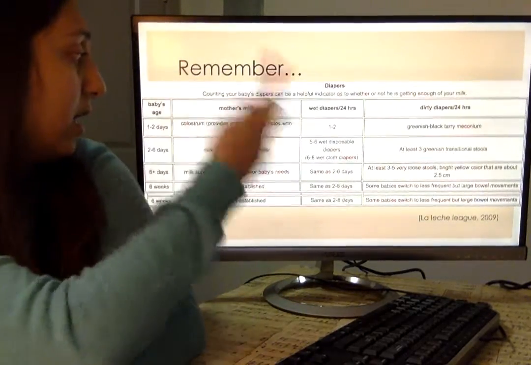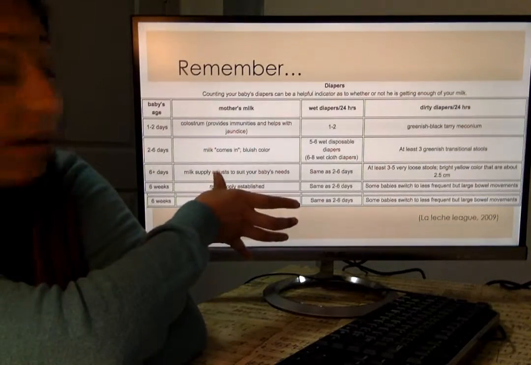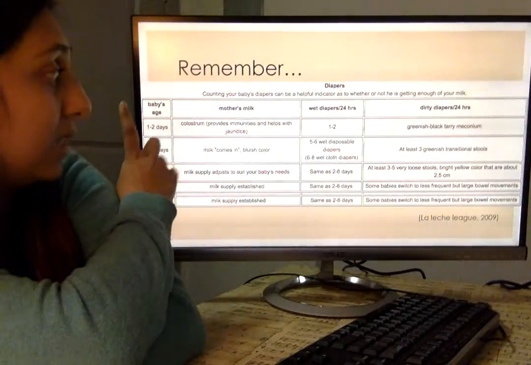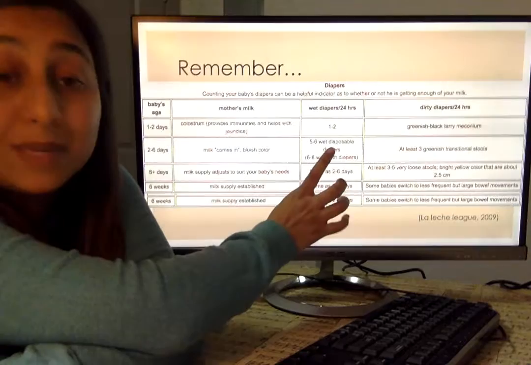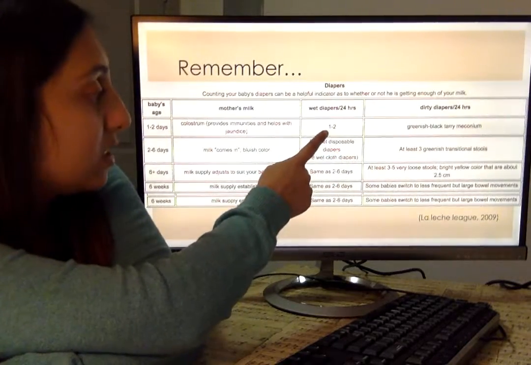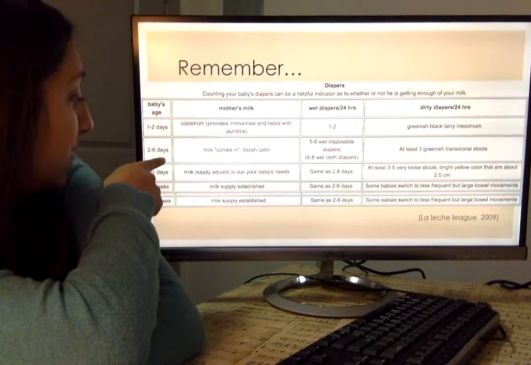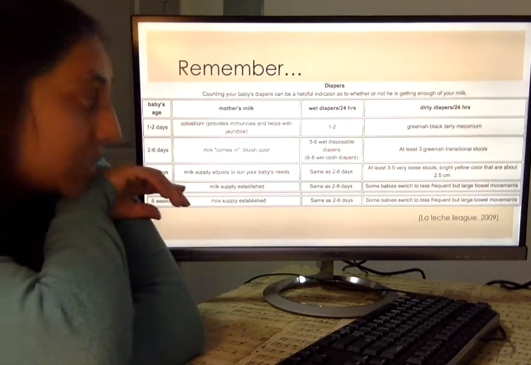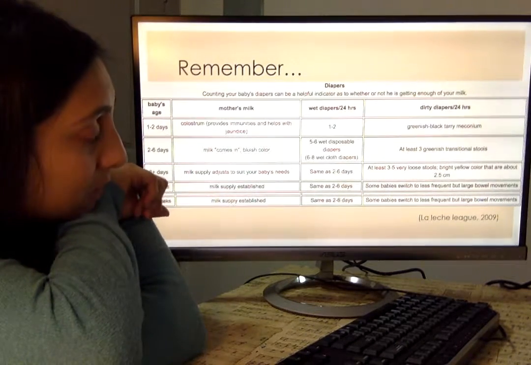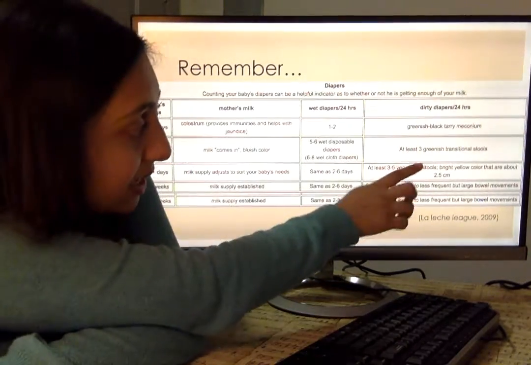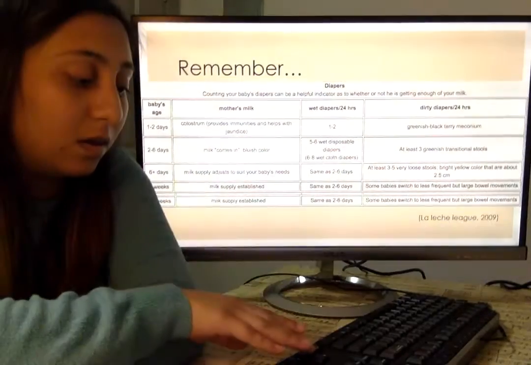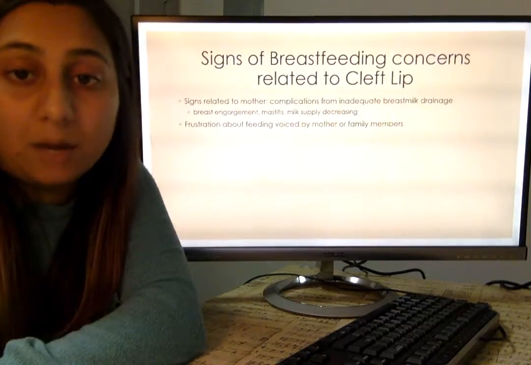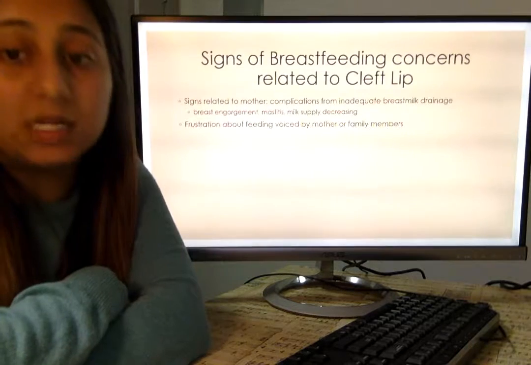Just to remember, for the first 1 to 2 days, the baby's expected output is 1 to 2 wet diapers, and then from 2 to 6 days and onwards, you should expect 5 to 6 wet diapers and at least 3 poops.